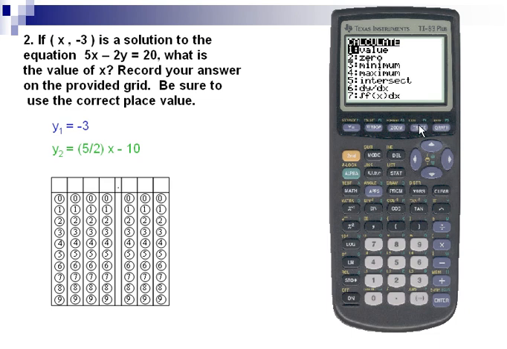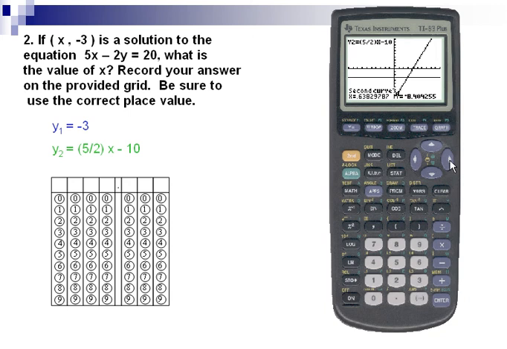So second, trace, which will give us our calculate menu. Number 5. This is the first curve. Hit enter. Second curve. If you can't see your cursor, you can move it. Enter. Move for a guess. Enter.